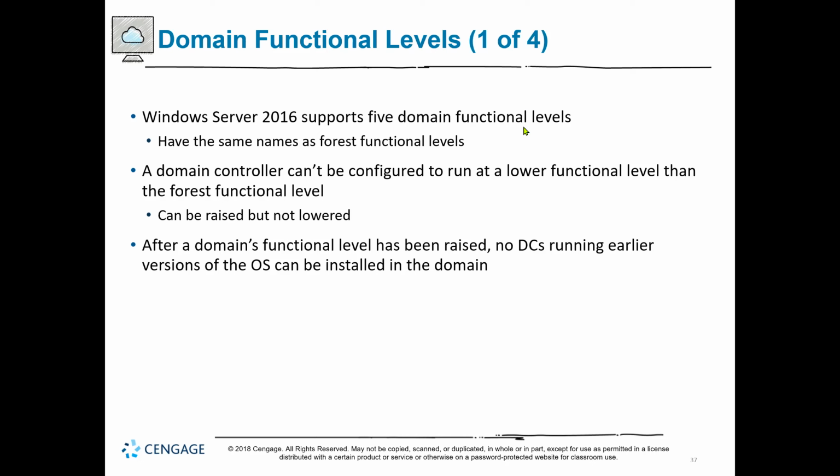Domain functional levels. Windows Server 2016 supports 5 domain functional levels, which have the same names as forest functional levels. A domain controller can't be configured to run at a lower functional level than the forest functional level. You can raise it, but not lower. After a domain's functional level has been raised, no DCs running earlier versions of the operating system can be installed in the domain. So keep that in mind.